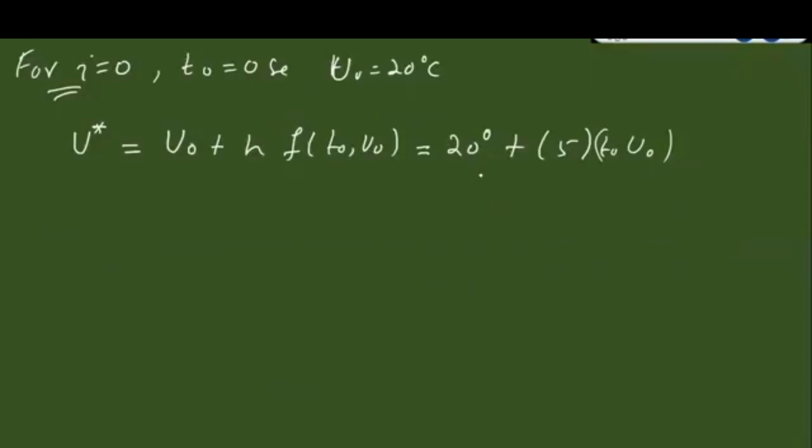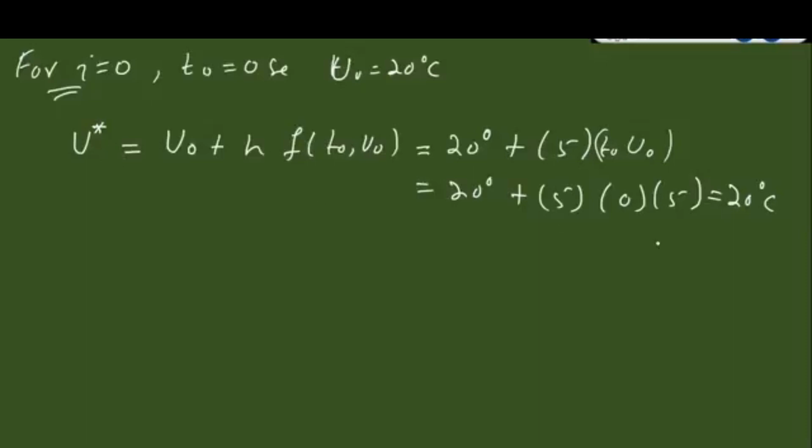When we replace, you will get 20 degrees plus 5, t naught is 0, and it's 5 again. So obviously, just like the first step of Euler's method, you will get 20 degrees. So u star. Now u star is there, but this is not the final solution. That solution is the predicted solution, as we called it in our derivation.